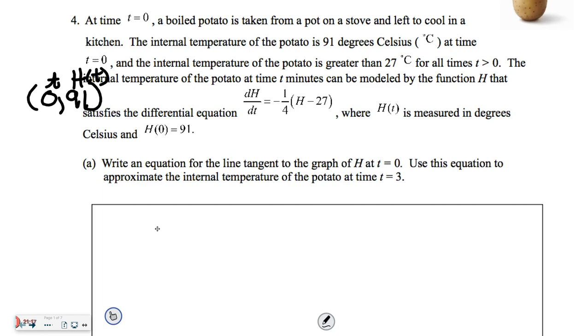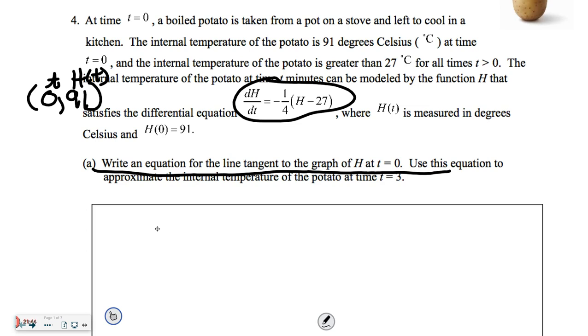All right? So it says that the rate of change of the temperature of the potato, the reason it's negative is because it's cooling. It was taken out of the pot and it's left to cool. It says write an equation for the tangent line to the graph at t equals 0. What do we need for the equation of a tangent line? That should be in your brain like no other. You need 2 things.